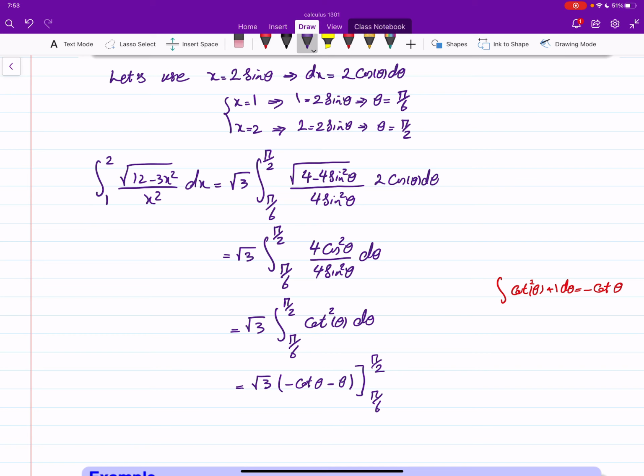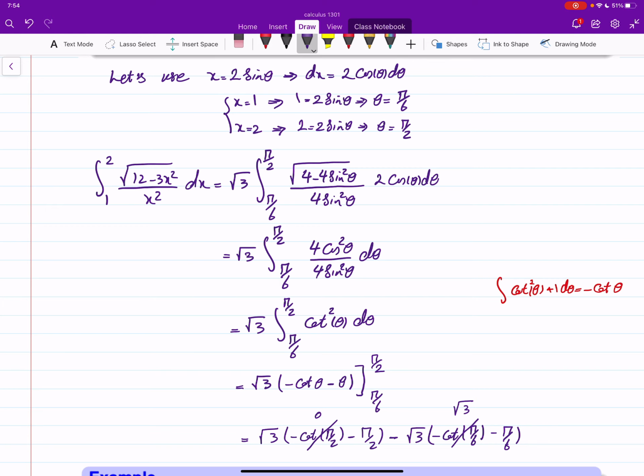This is just applying the values then: minus cotan pi over 2 minus pi over 2, minus, evaluate the function in the lower limit, minus cotan of pi over 6 minus pi over 6. Remember, cotan of pi over 2 is 0. Cotan of pi over 6 is root 3. So you evaluate those and you find the final value of your integral.